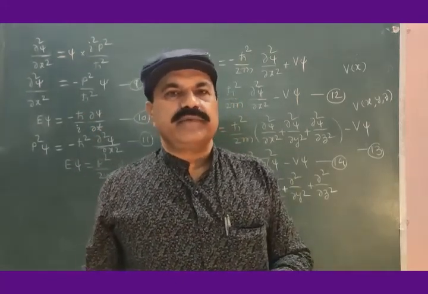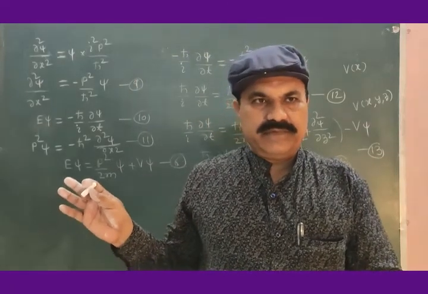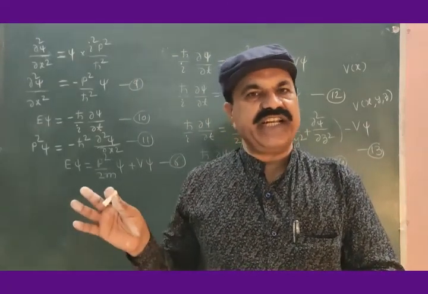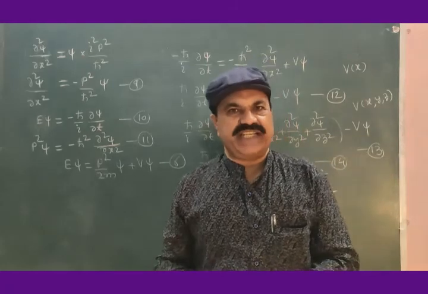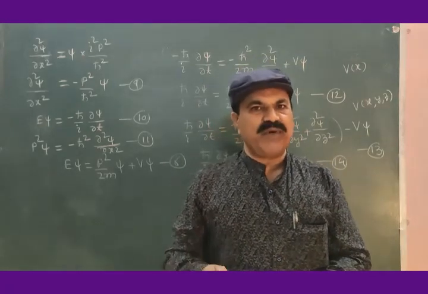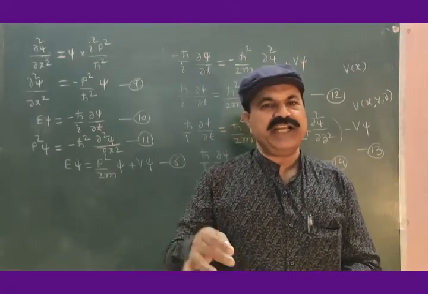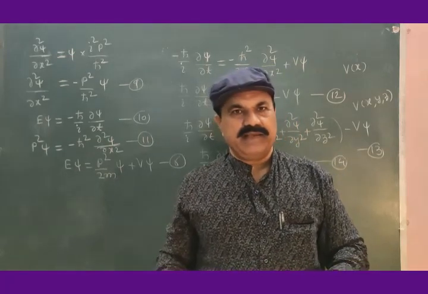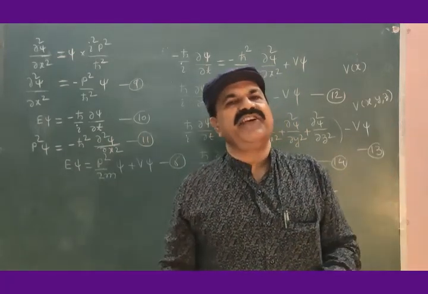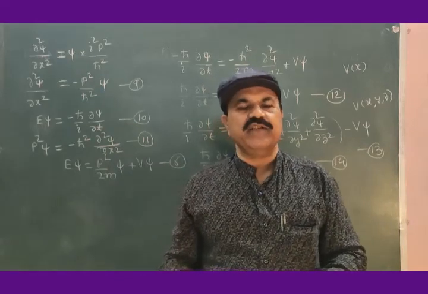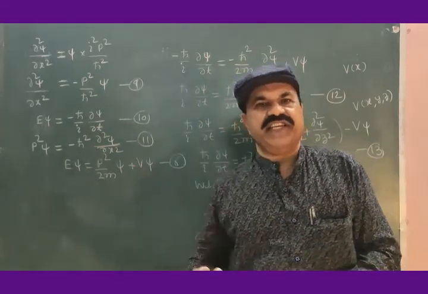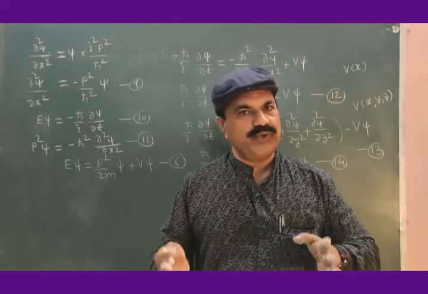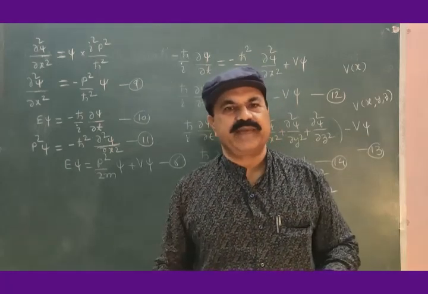I have derived each and every equation needed to understand the time dependent form of Schrodinger equation in one dimension as well as in three dimensions. I gave all the clarification needed for solving various equations. Hope you got it. Thank you.